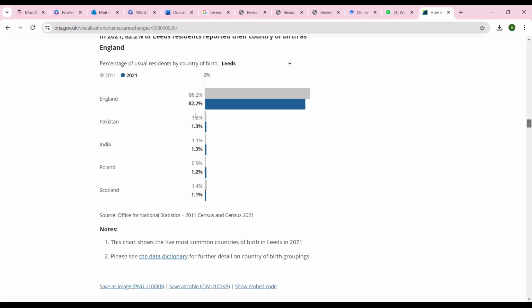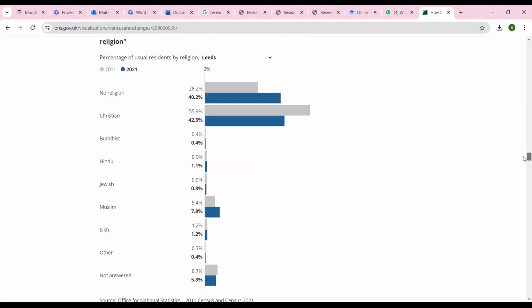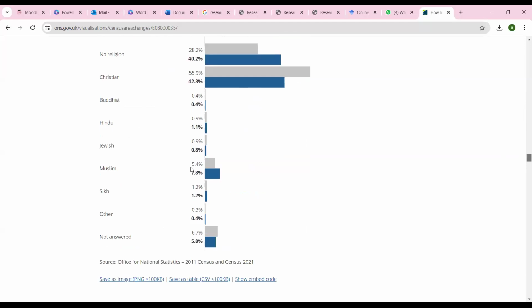So the population from Pakistan was 1.2%, now it's 1.3%. So within 10 years the population increased, just in Leeds. If we look at beliefs, 5.4% were Muslim, now 7.8% of the population is Muslim. So the population went up from 5.4 to 7.8.